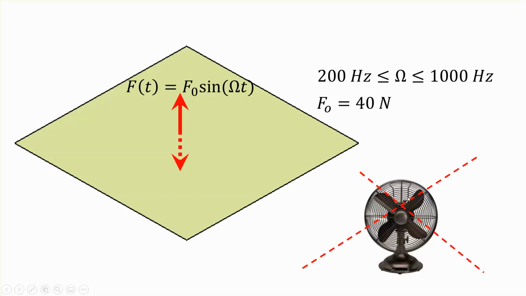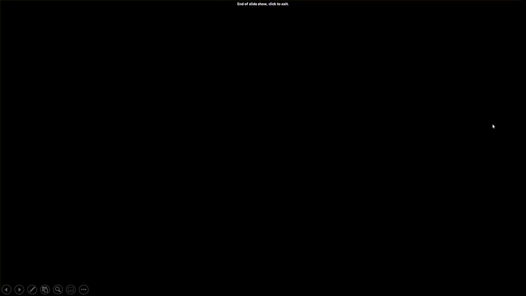Okay, but this is not a fan. For a fan, you know that if there is an imbalance in it, the magnitude of that force is going to be the size of the imbalance, m, times the distance where the imbalance is located, r, times omega squared, the centrifugal force, basically. So we're not dealing with a fan. That's going to appear in the next video segment.